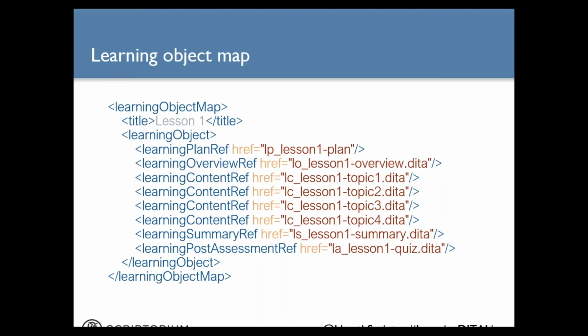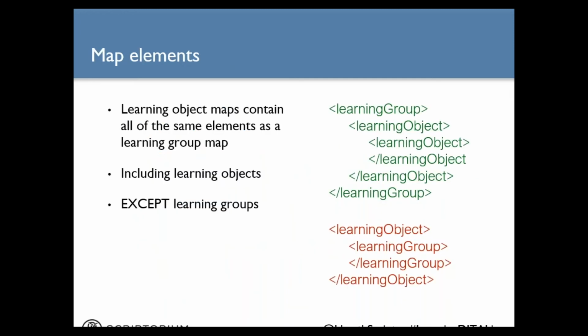So let's talk about map elements. Those elements are viable in both learning group maps and learning object maps, and they contain the same elements except that learning objects cannot contain learning groups. Like I said, learning groups are designed to be larger in the hierarchy of the maps.